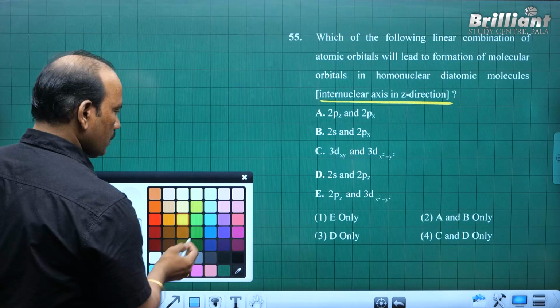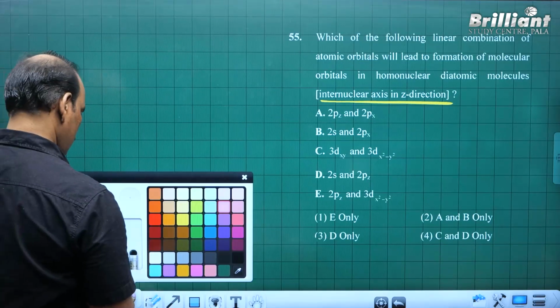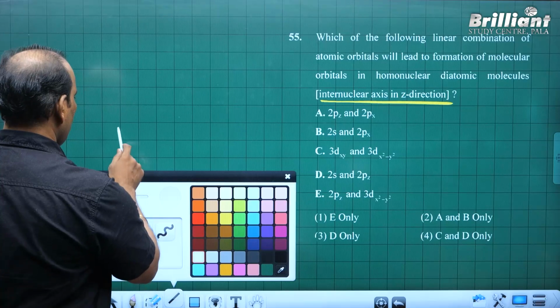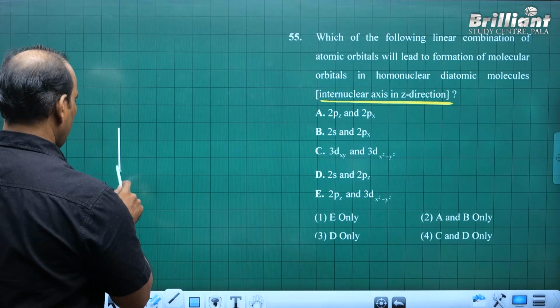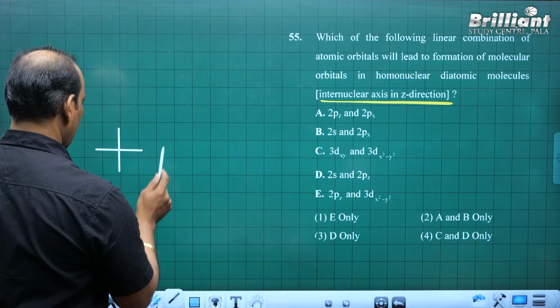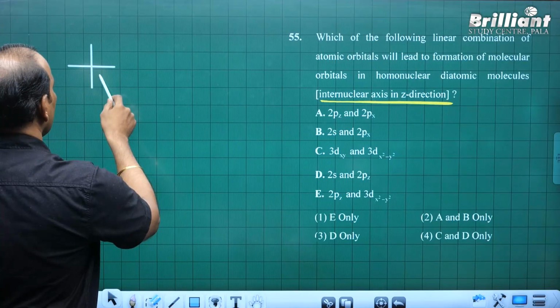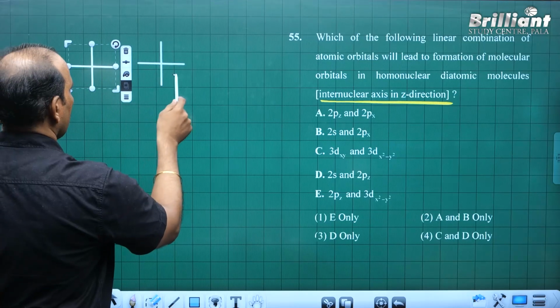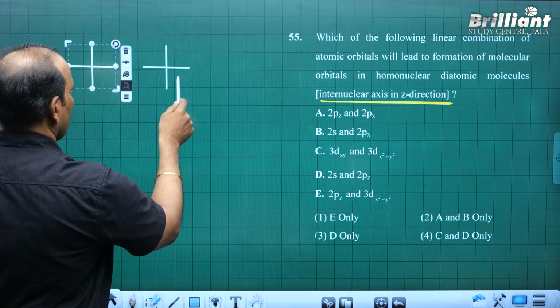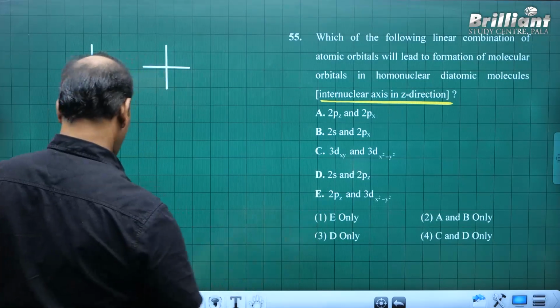Now first one is one, two, three, four, five.